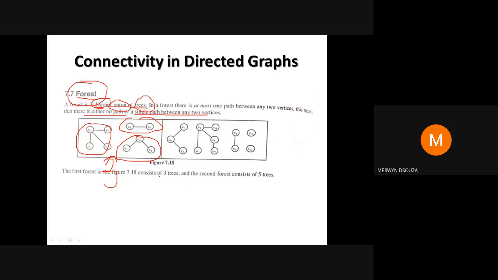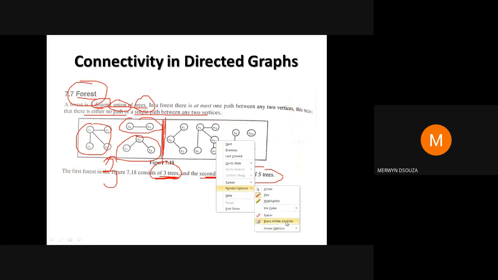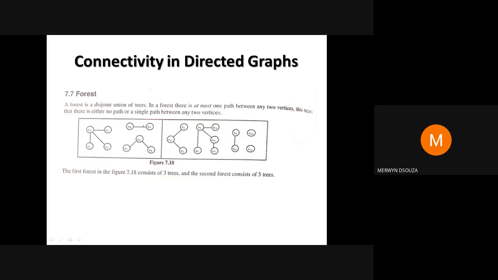So it is mentioned here, the first diagram is having 3 trees, and the second diagram is having 5 trees. There are two diagrams here. All this together makes it a forest. So this is the first forest of 3 trees and the second forest of 5 trees.